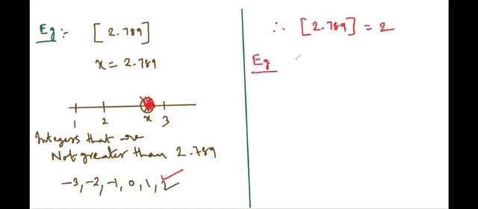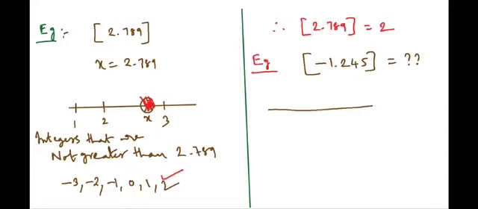Another example: suppose you want to find step of minus 1.245. Again, our idea is the definition. Use your definition properly. The definition says it's the greatest integer not greater than x.